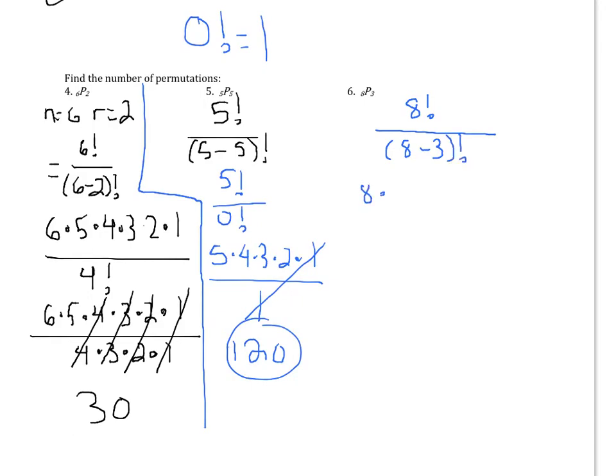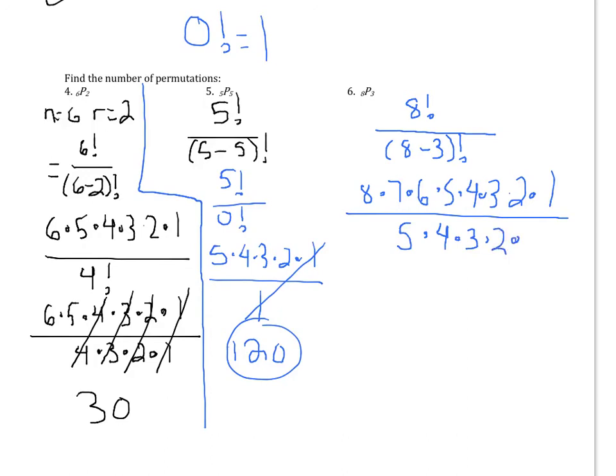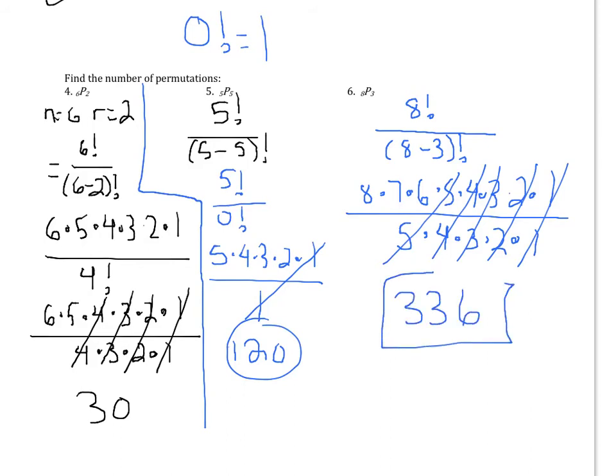This is going to be 8 times 7 times 6 times 5 times 4 times 3 times 2 times 1, divided by, well, 8 minus 3 is 5, so 5 times 4 times 3 times 2 times 1. All of these cross off. So you just have left 8 times 7 times 6, so 336. Okay, so there's your permutations. Remember, permutations mean the order matters.